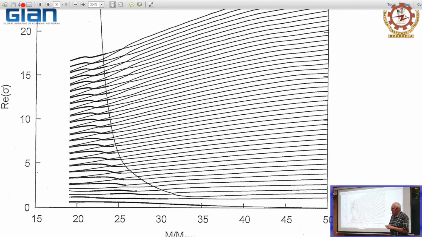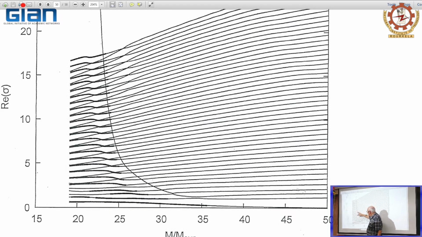May I remind you, the mass estimated for ρ Cas was 24 solar masses. Thick lines denote unstable modes. The thin lines denote stable modes. So what we see is a kind of strange mode phenomenon.